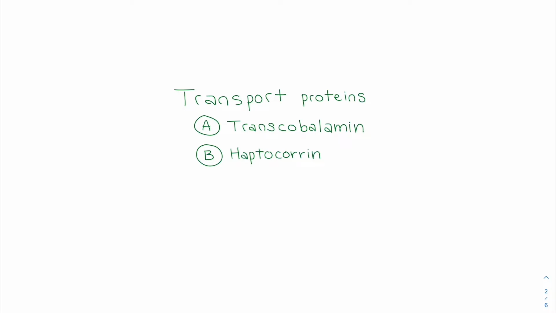Remember how at the beginning I mentioned that B12, that big old chemical structure, has similar looking things that aren't exactly B12. Well, haptocorrin primarily transports those things, corrinoids and cobinamides, or helps excrete them from the body.